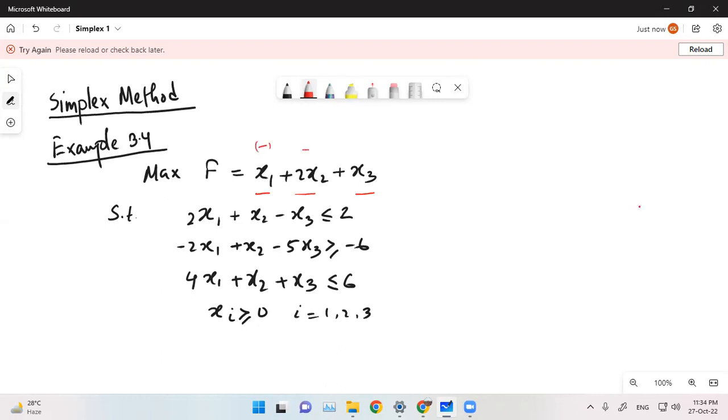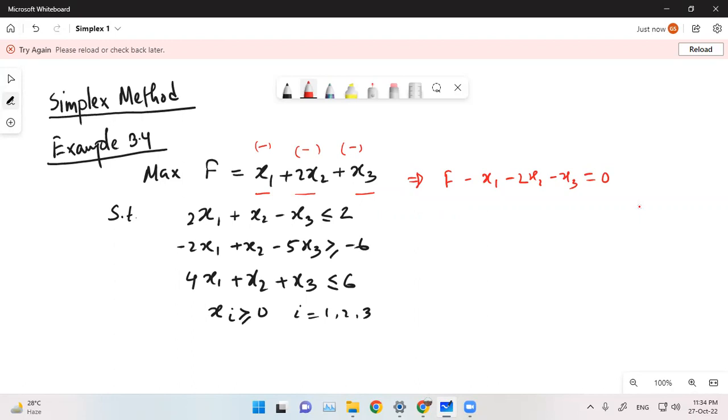From practice, this is what we see. So we'll do something like this: F minus x1 minus 2x2 minus x3 should be equal to 0. This is what you're going to do, whether it is a maximization or minimization problem.